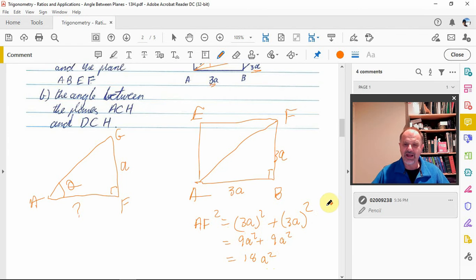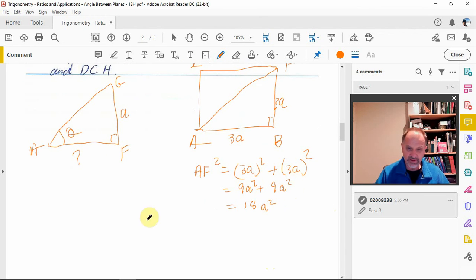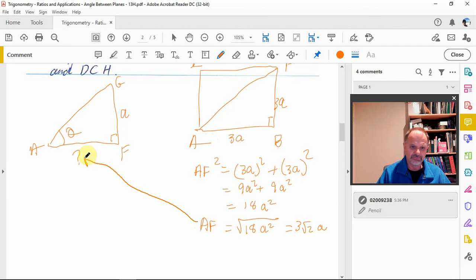And so from that, when we square root to get AF, 18 is 2 nines, so 3 root 2 a would be AF.